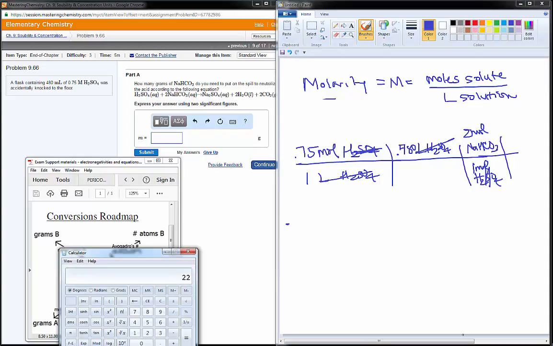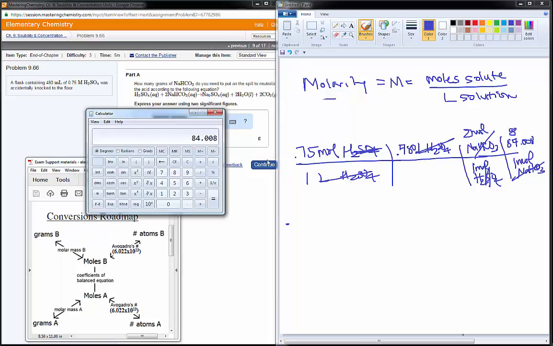So sodium was 22.99, one hydrogen is 1.008, carbon 12.01, and 3 oxygens at 16 each gives me 84.008 grams per mole. And that's going to go on top. Moles of NaHCO3 cancel.